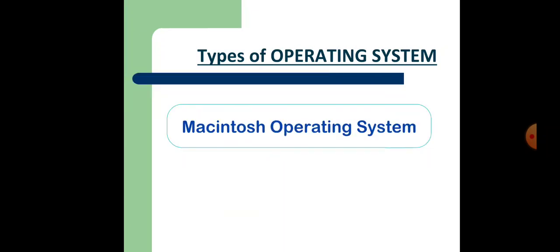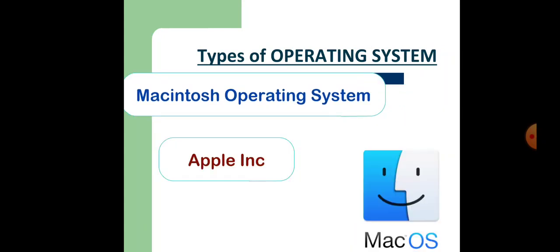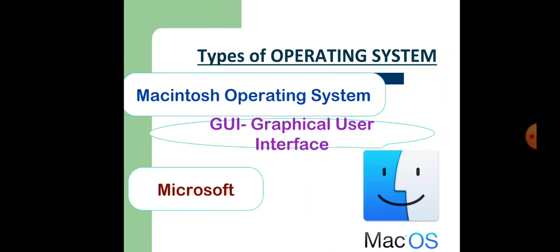Another common type of operating system is the Macintosh operating system, which is developed by Apple, also known as Mac operating system, and it was generally made for Apple's products, Apple's laptops and systems. It is also GUI based, and you can use it very easily.